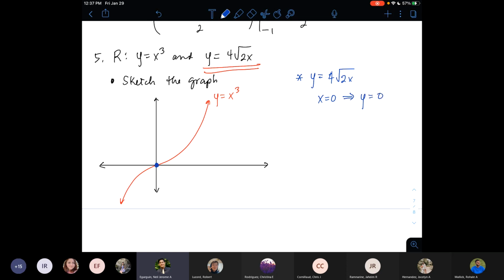So I'll have that. And that's a lucky thing, because I know the first point of intersection is (0, 0). And then probably I'll pick x equals 2. If x is equal to 2, then y is equal to 8.